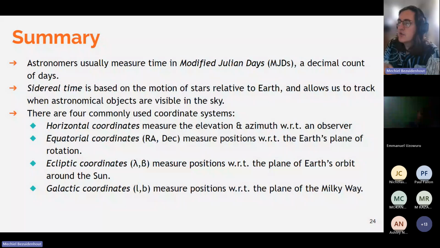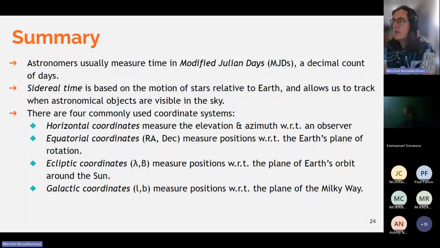Astronomers usually measure time in modified Julian days, MJDs, which is a decimal count of days since some time long in the past. Sidereal time is an important concept, based on the motion of stars relative to the Earth. It allows us to track when astronomical objects are visible in the sky.